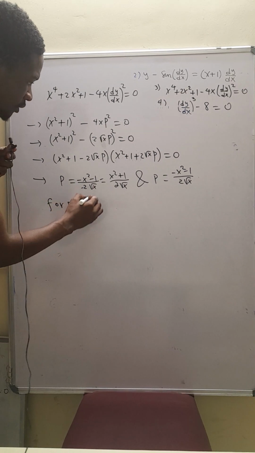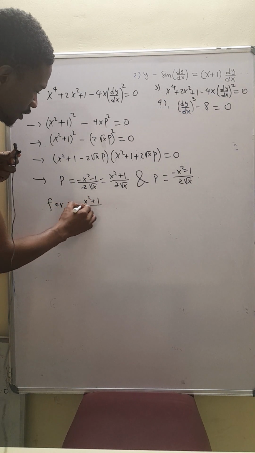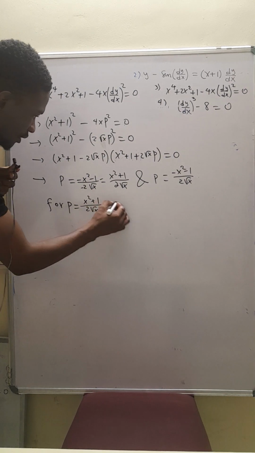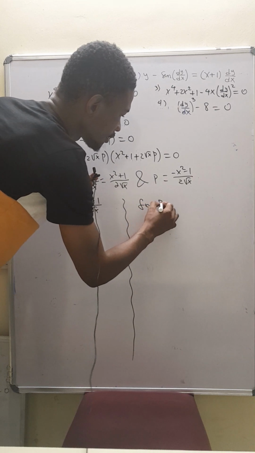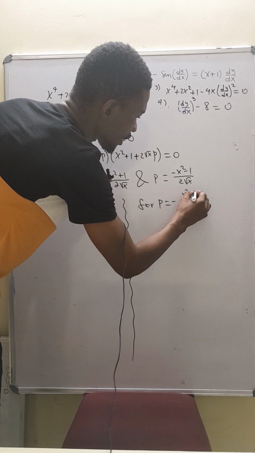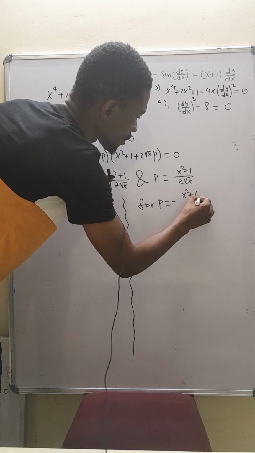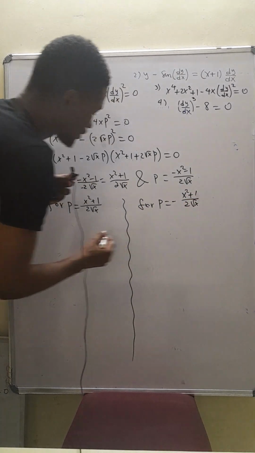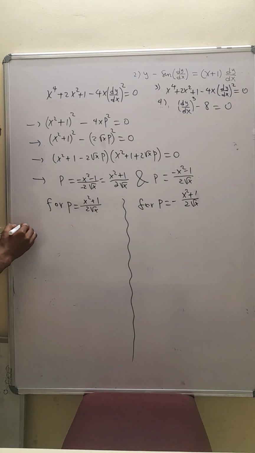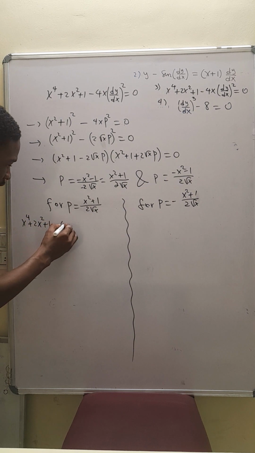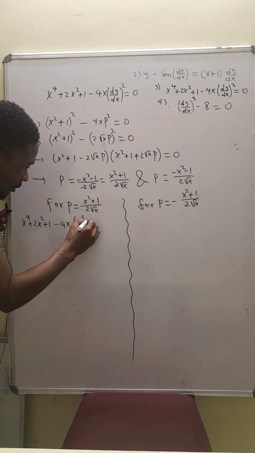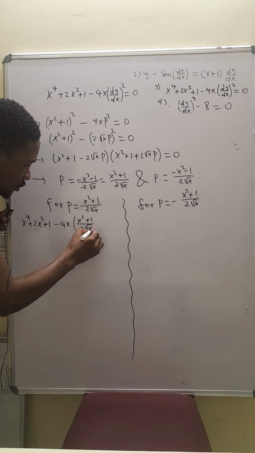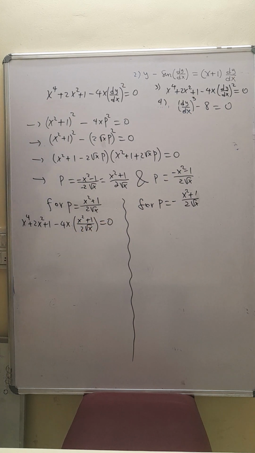4p = (x² + 1)/(2√x), okay? I will write here. And here, it is 4p = −(x² + 1)/(2√x). Here, what will I get? x⁴ + 2x² + 1 − 4x·(x² + 1)/(2√x) = 0.